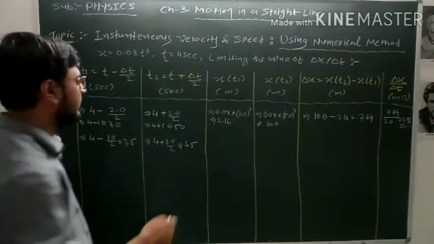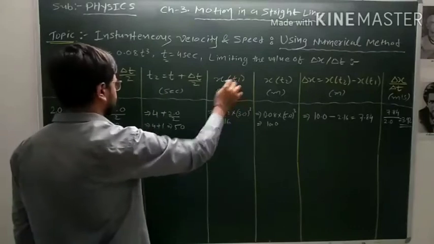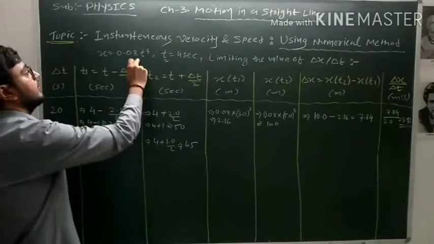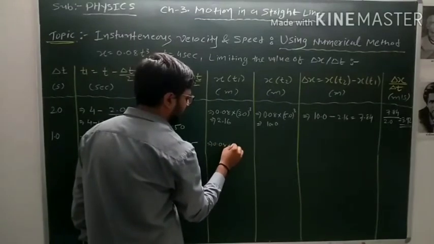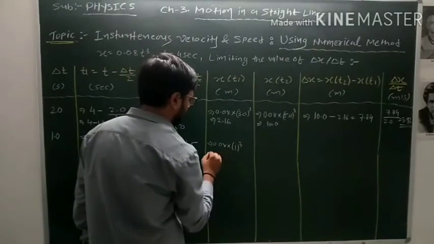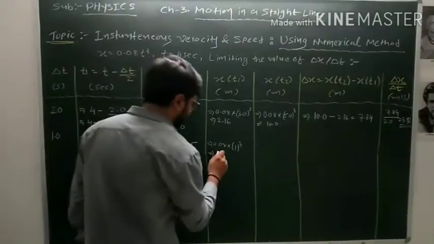Then x at t1: we put t1 in this equation, 0.08 multiplied by 3.5 cubed, so here we get 3.43.